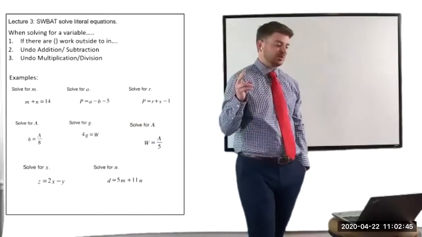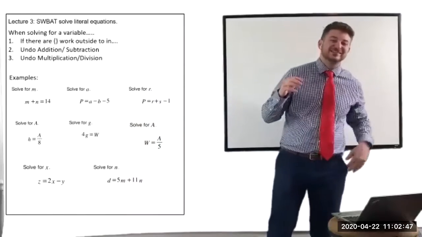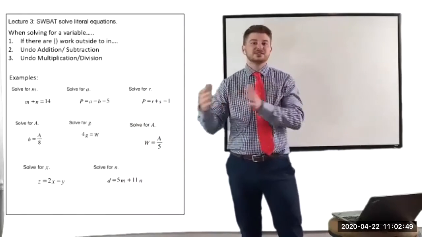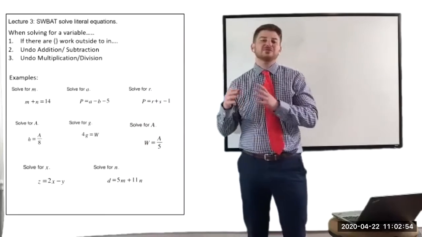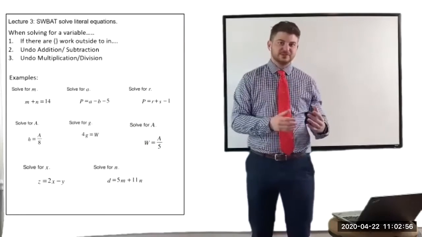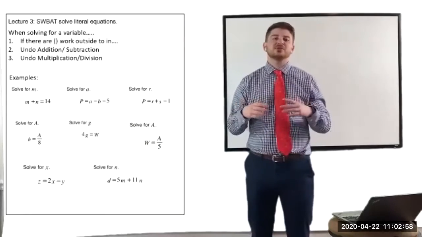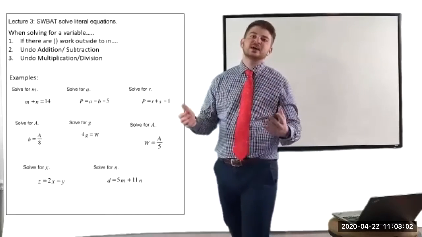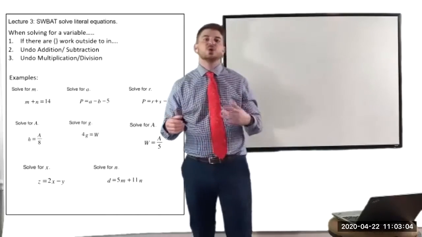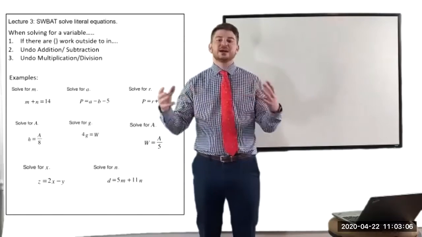The two things that I did want to point out: if you think about PEMDAS, that is what we use for order of operations going forward. We do have a reverse order of operations. And if you're trying to solve for a variable, we're not going to see any of these with parentheses today, but if you did have parentheses, you want to work from the outside in.